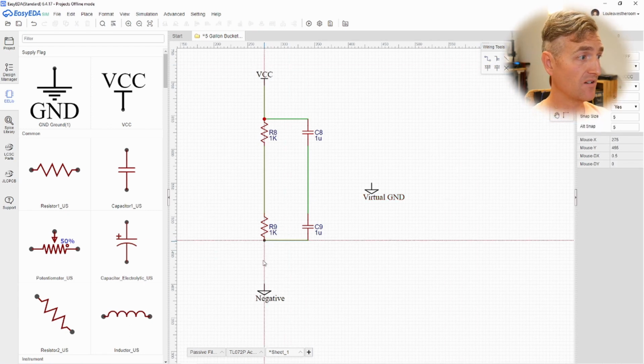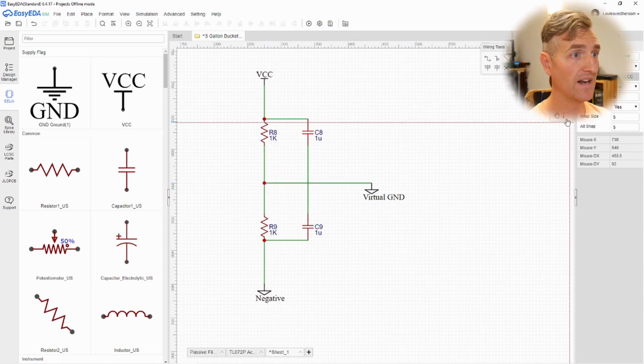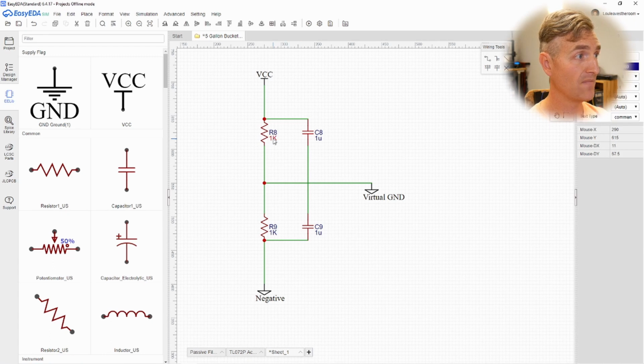If I continue out my connections, a virtual ground that went through here, all the way. There we go. Now, what I have here, if I started with a 12-volt supply to ground, I now have a positive 6-volt supply and a negative 6-volt supply, as long as all these components match their values.